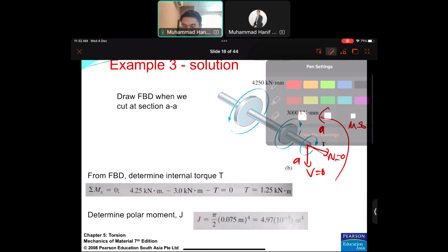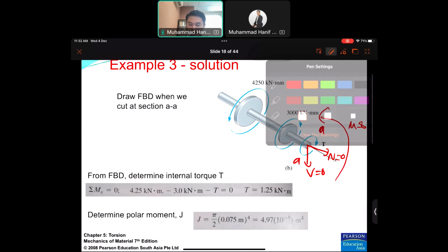And also T, our assumed T, is opposed to the assumption, so it must be equal to 0 as similar to below. Then you rearrange, and you will get T equal to 1.25 kilonewton meter if the FBD is on the left side.